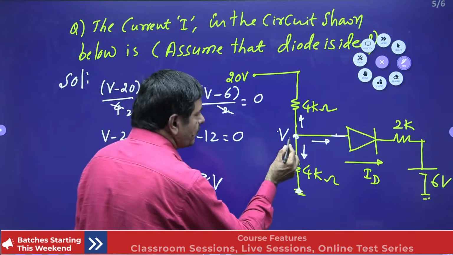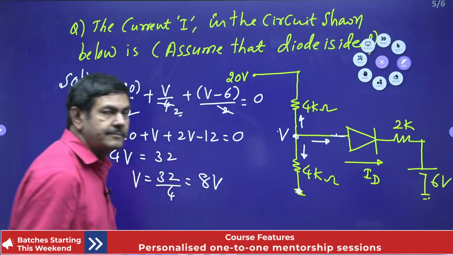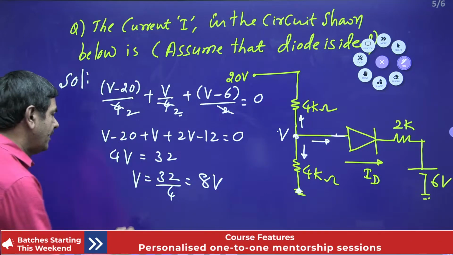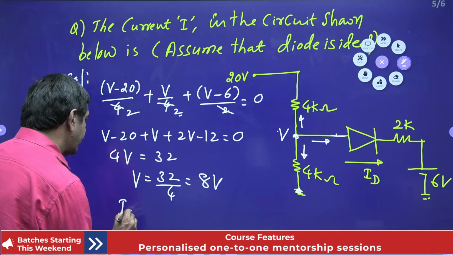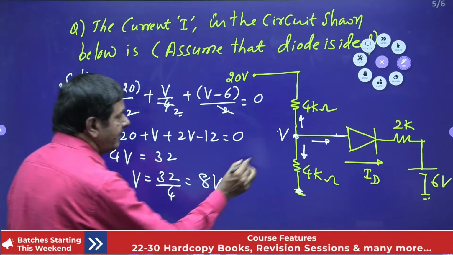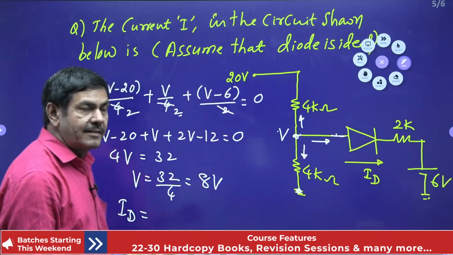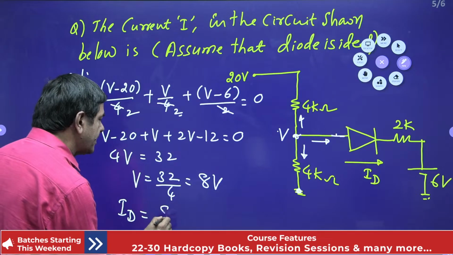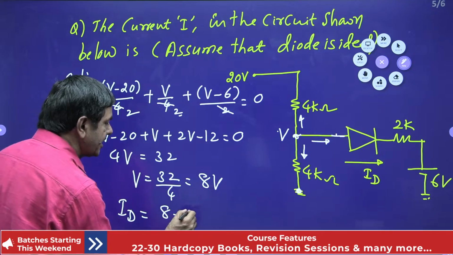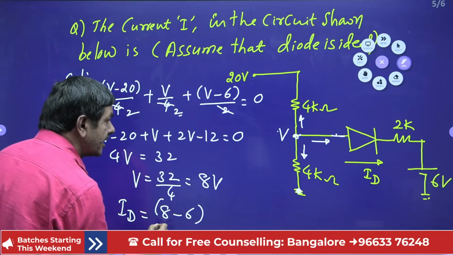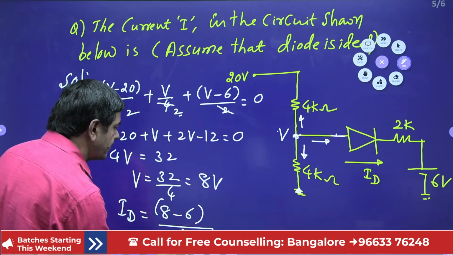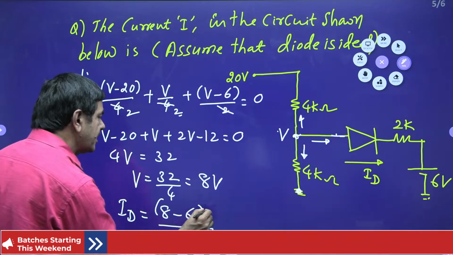Once we got this voltage V, you can measure ID by using Ohm's law. The current passing through the diode is V minus 6 by 2K. V is 8 minus the voltage on that side, 6, divided by the resistance 2K. So 8 minus 6, 2 by 2K.